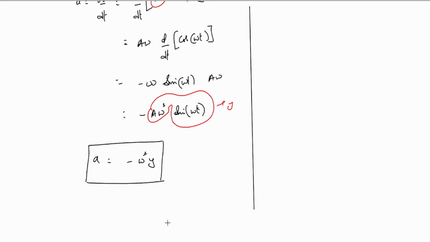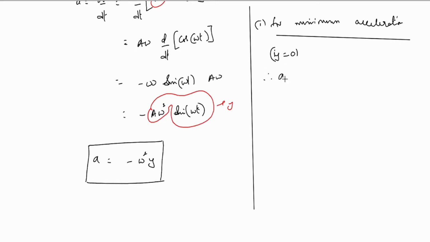Again, let's find the minimum and maximum acceleration. For minimum acceleration, as seen here, a would be minimum if y is equal to 0. Therefore a minimum would be 0.